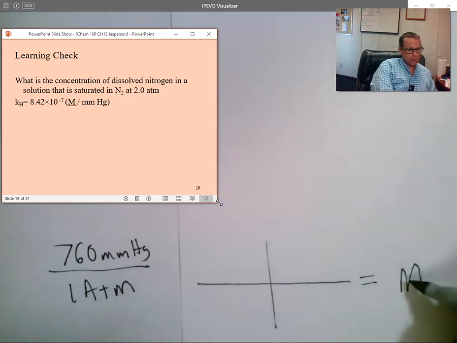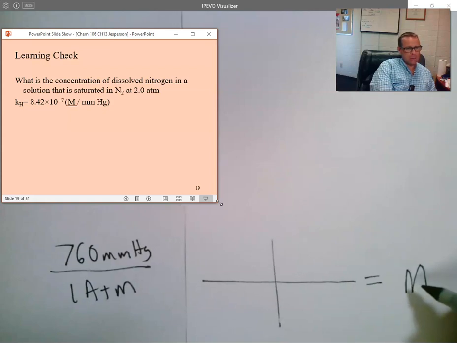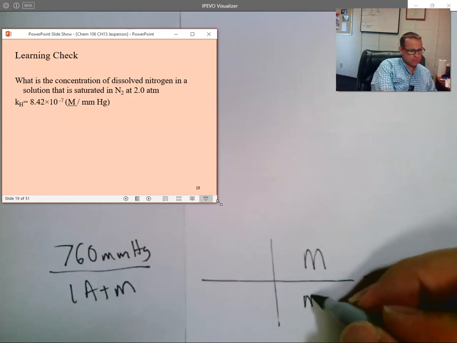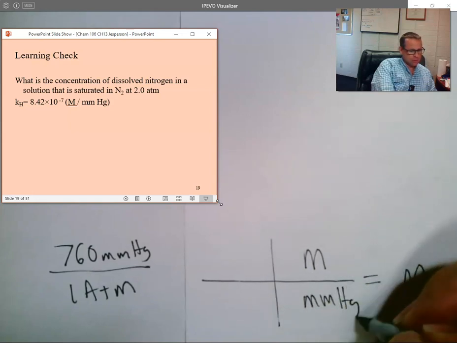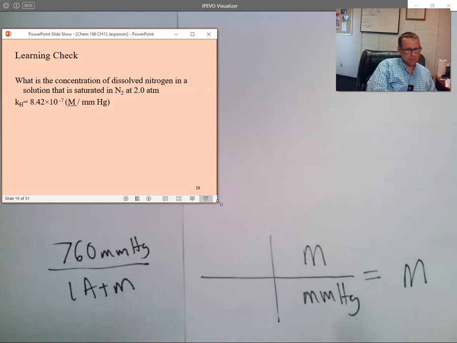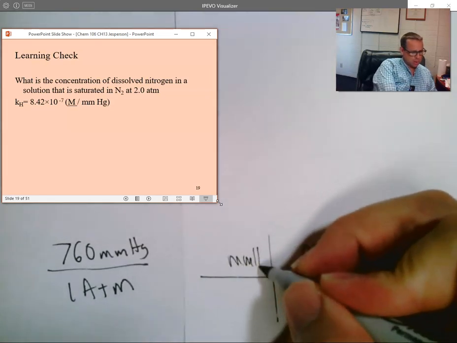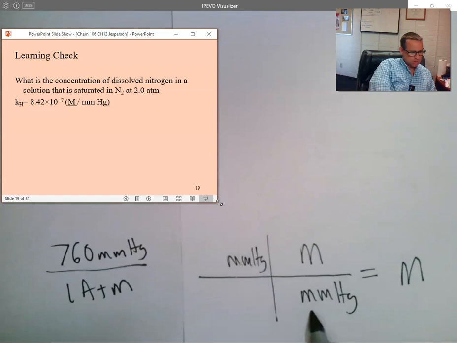Okay, so we want molarity on top here, right? And we know that they've given us what the molarity will be for a given millimeters of mercury. I think that's what you're saying. Set this up like that, right? Yes. And then what would go here? Well, looks like it's going to have to be millimeters of mercury, right? Yes, to get rid of that.